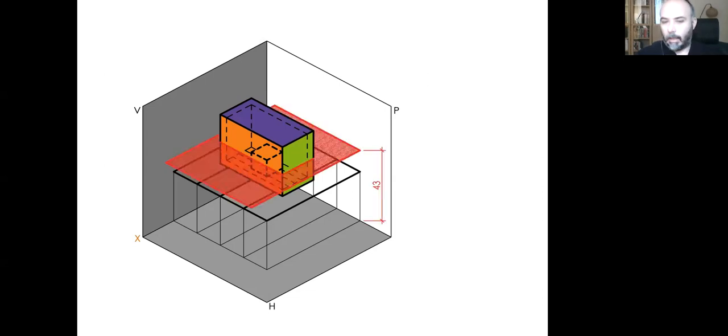When we say plan, it means that we are cutting an object by using a horizontal plane. This red plane that you see on screen right now, imagine that this red plane is cutting this object horizontally, but the level is important.